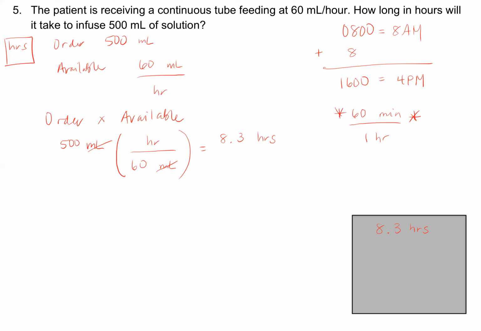So if you had to figure out the 0.3 hours, remember you're going to have minutes on top in the numerator, hours in the denominator, and go ahead and do the math, which is going to be 18 minutes. So the time that this would end if you hung it at 8 a.m. would be at 4:18 p.m. is when you would note that the tube feeding is complete.